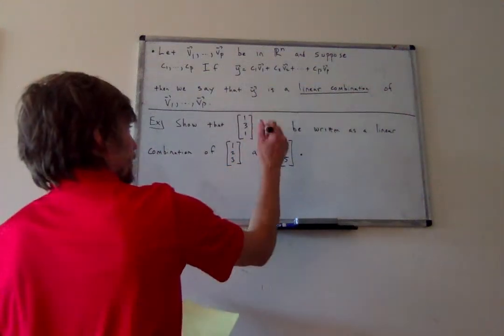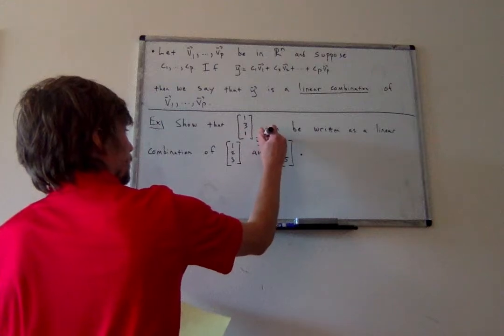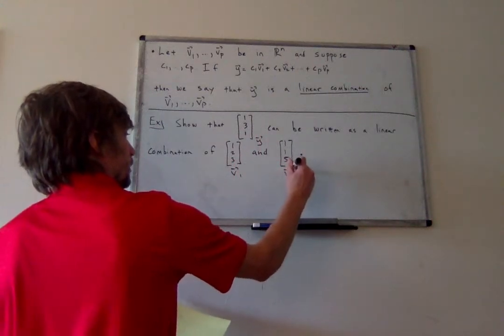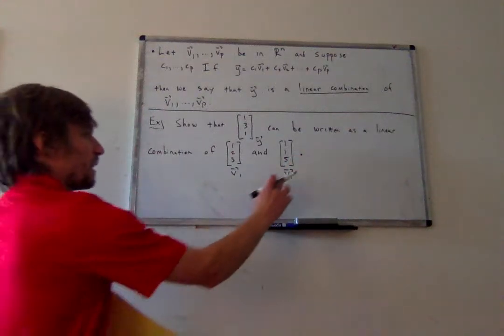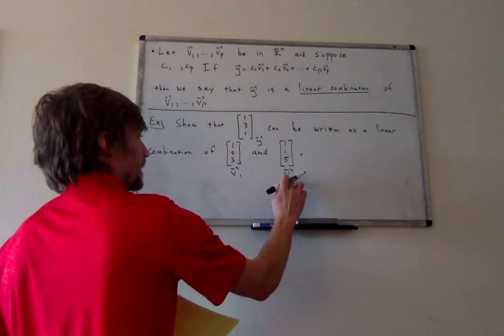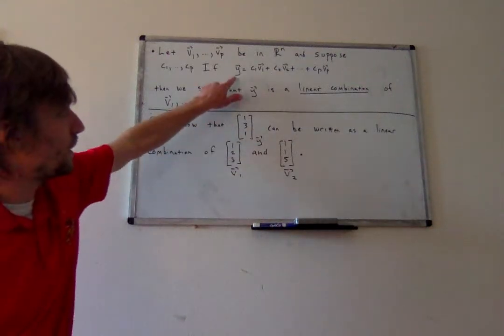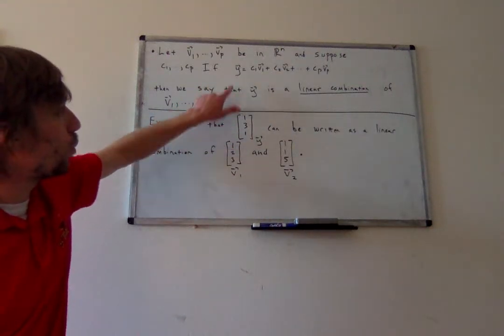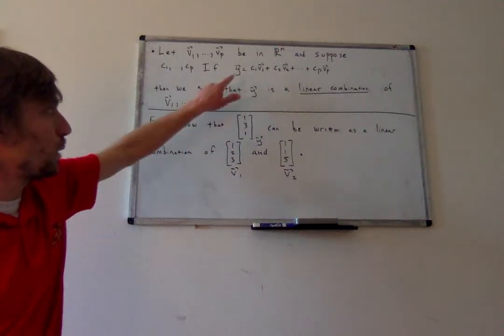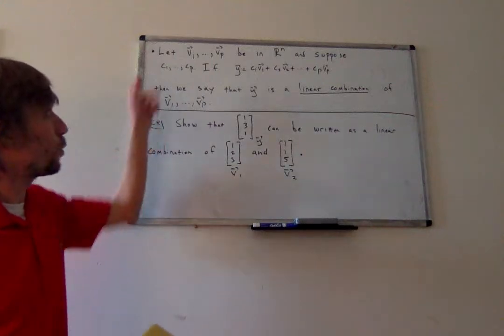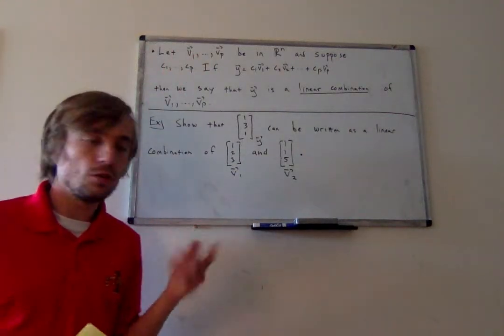So mirroring this back to the definition, if I'm relating this concrete example back to the definition, this would be my y vector in this definition. So 1, 3, 1 would be my y vector. 1, 2, 3 would be, say, vector v1, and 1, 1, 5 would be vector v2. And of course here p would just equal 2, and then I have two vectors.